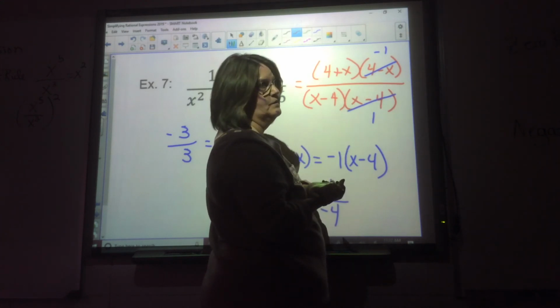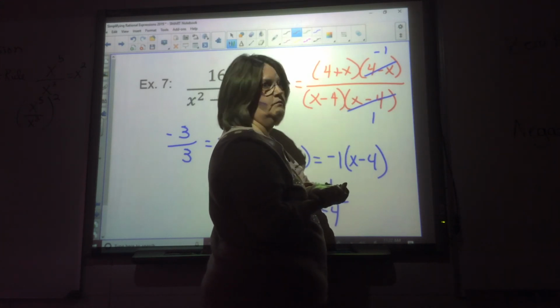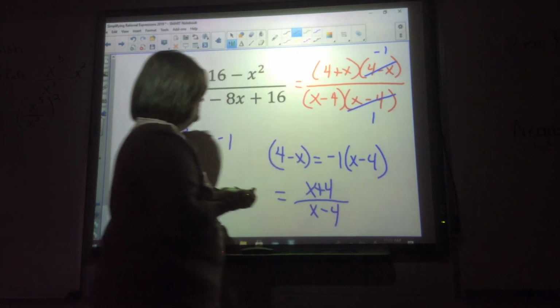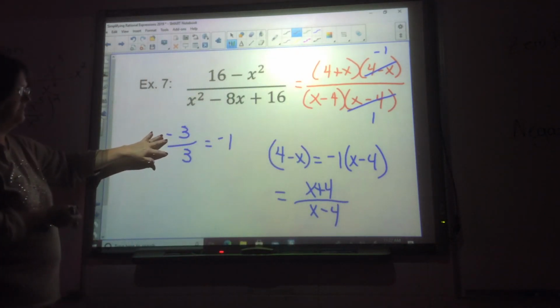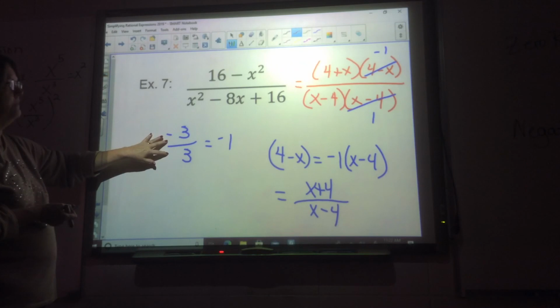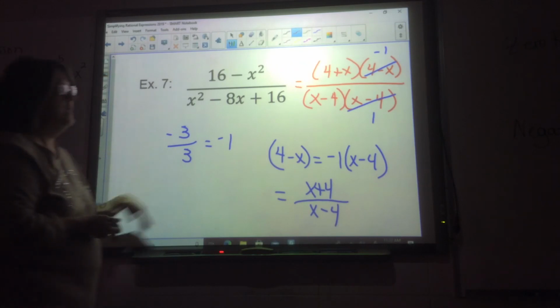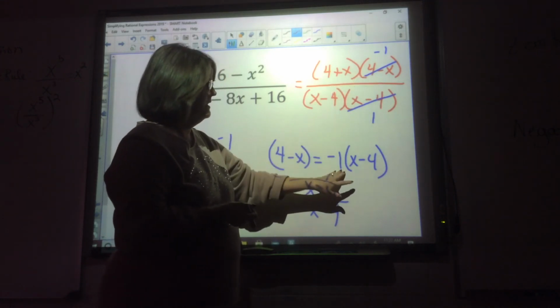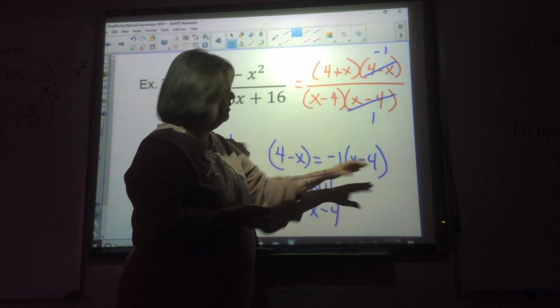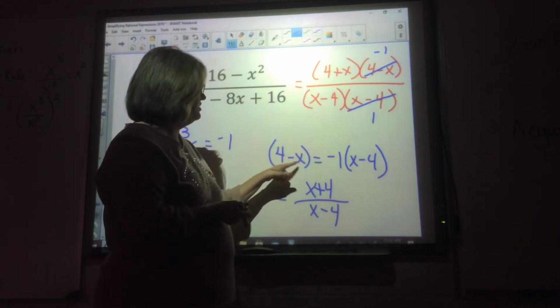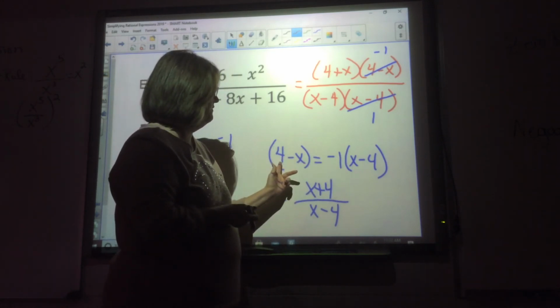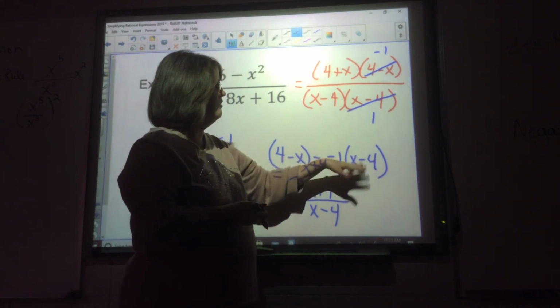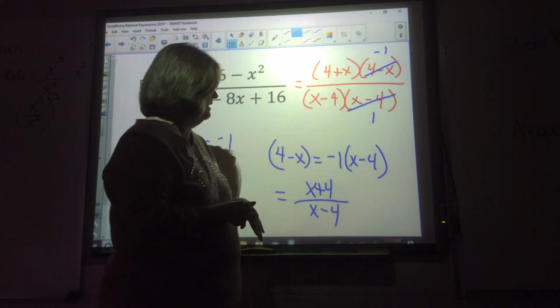That means when I cancel, I do not have 1 left over, I have negative 1 left over. Just like here, negative 3 over 3, they're opposites. That's not 1, that's negative 1. It's the same reason. And then I wrote down here, 4 minus x is equal to negative 1 times x minus 4. When you factor out a negative sign, that changes the x to positive and the 4 to negative, and therefore now you can see why there's negative 1 left.